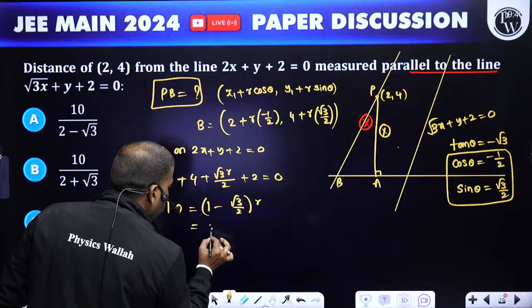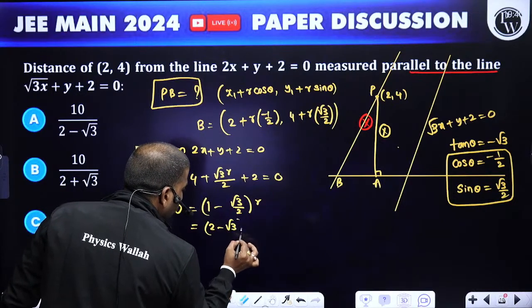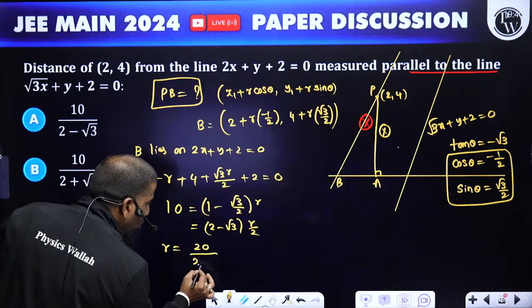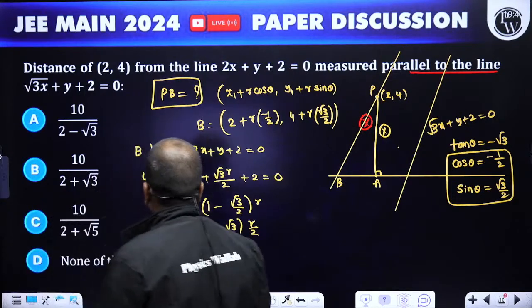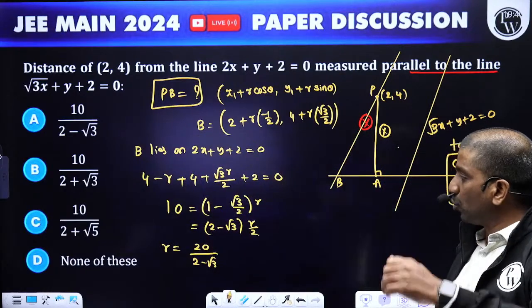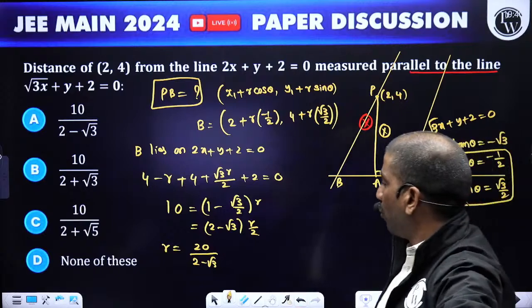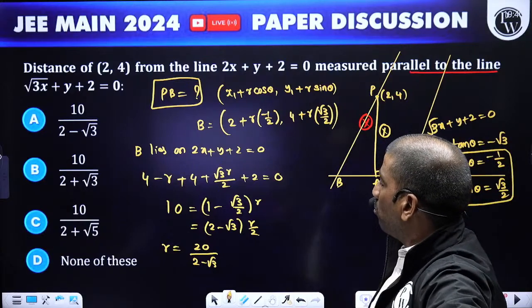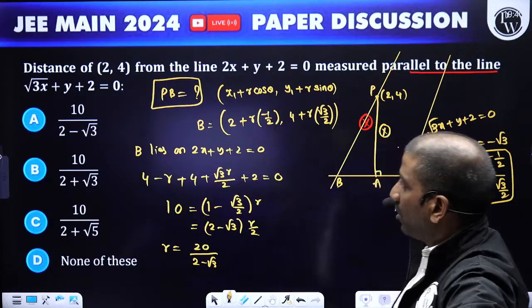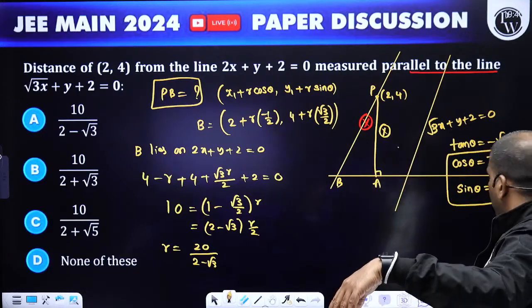Yes, I think your answer is correct. So this is 2 minus root 3 times r by 2. So r is equal to 20 by 2 minus root 3. 2 minus root 3 is coming out, not 2 plus root 3. So 4 minus 3, 1. So 20 times 2 plus root 3, which we can also write by rationalization. So then D is coming out. It's not 10.